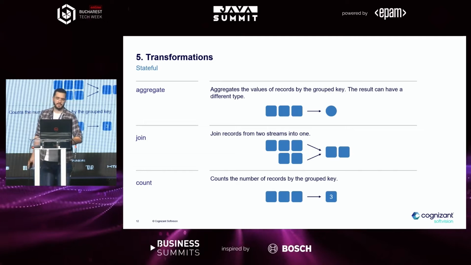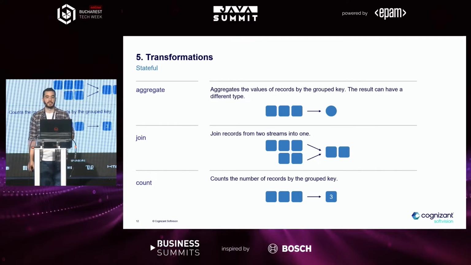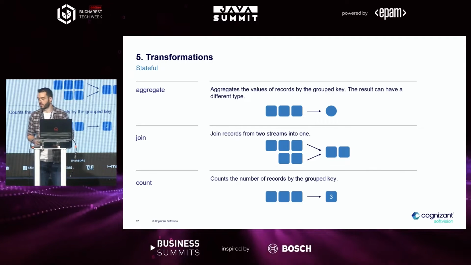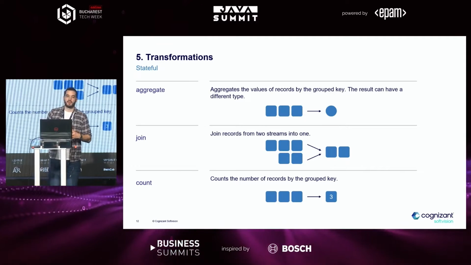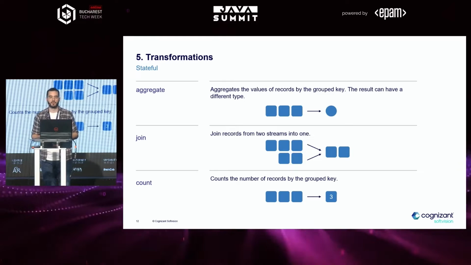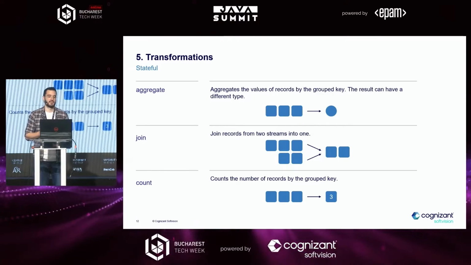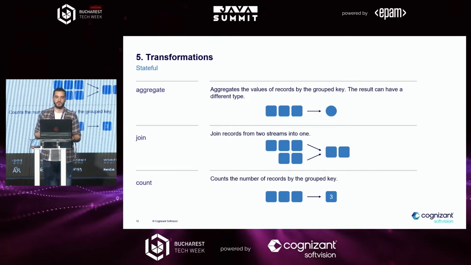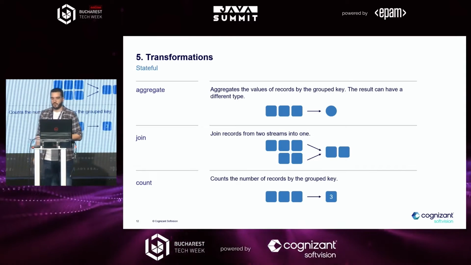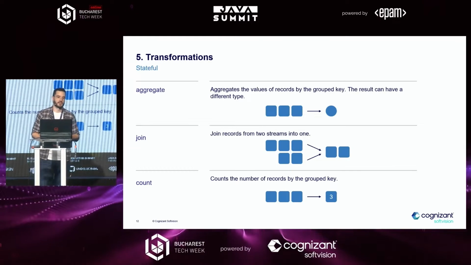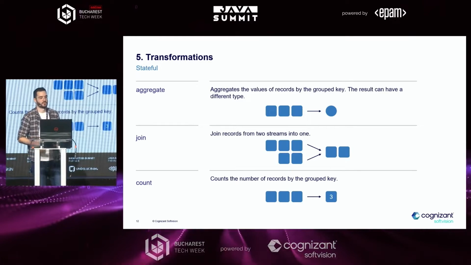As I said earlier, in Kafka Streams, there are stateful operations that depend on past values, and aggregate is one of the operations that combine values of records grouped by key. Of course, the results can have different types depending on the aggregation operation. The join transformation works like a database table join, and of course, there is inner join, outer join, and left join.